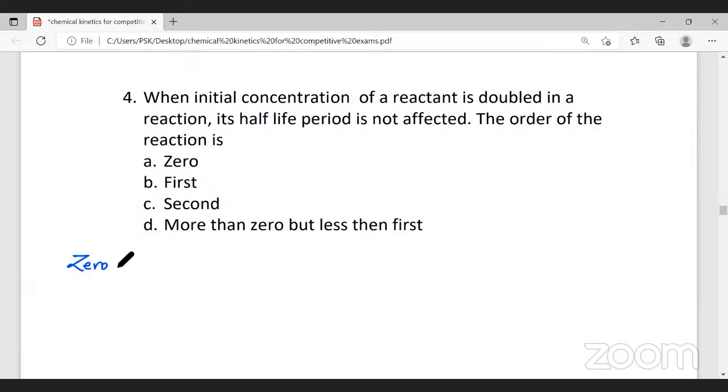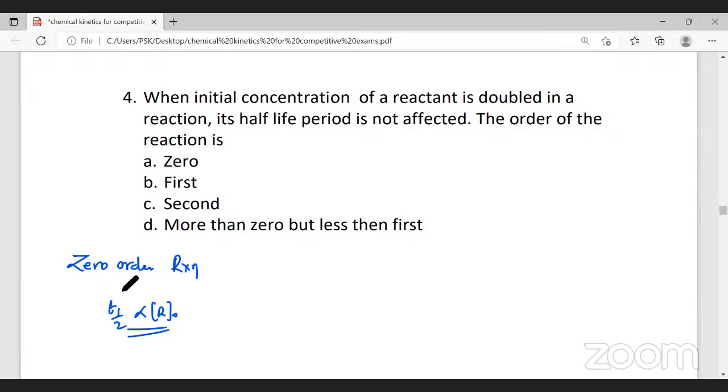So for a zero order reaction, half-life period, represented as T half, is directly proportional to initial concentration. When we say half-life is directly proportional to initial concentration, just imagine when concentration increases, half-life period also will increase.